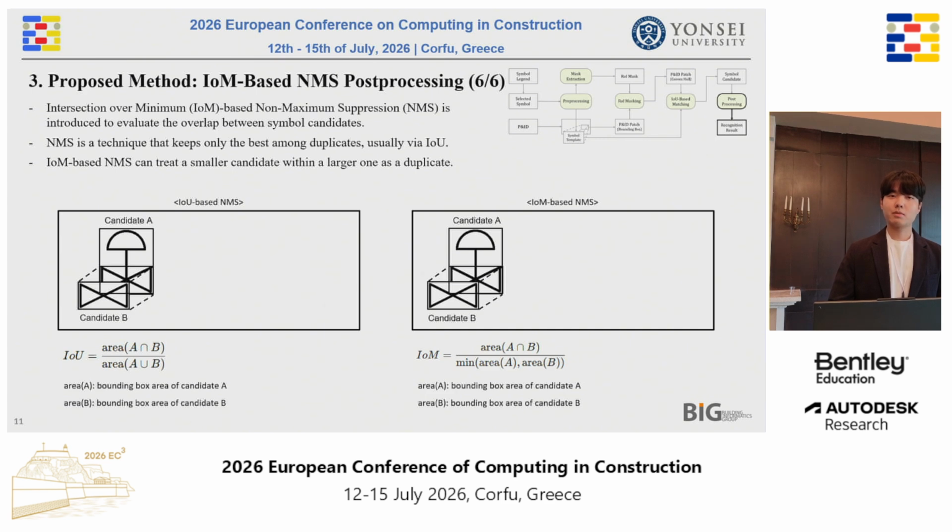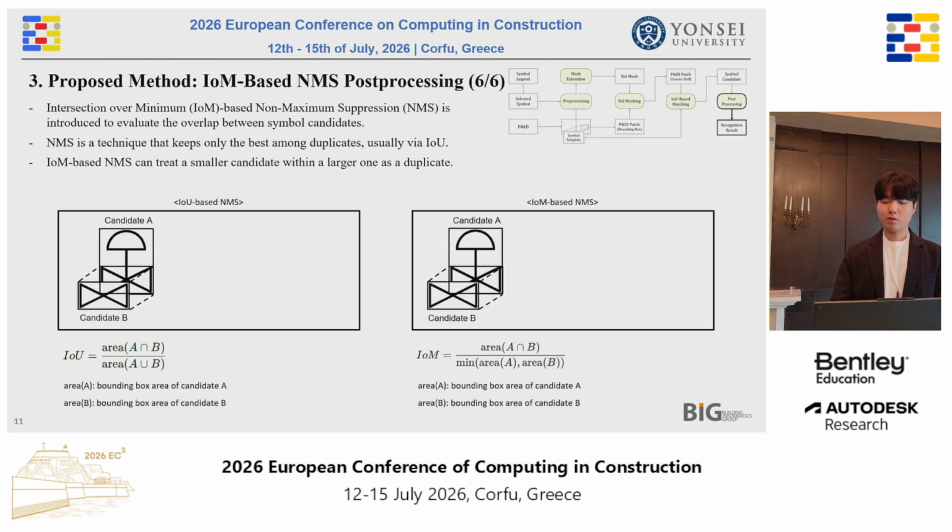The final step is post-processing. We introduce intersection over minimum based non-maximum suppression. NMS is a technique that keeps only the best among duplicate instances, typically using intersection over union. However, inclusion relationships are common in P&IDs, and IOU-based NMS cannot deduplicate the candidates.